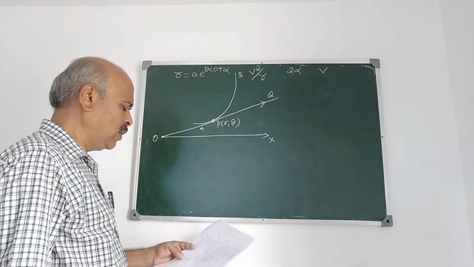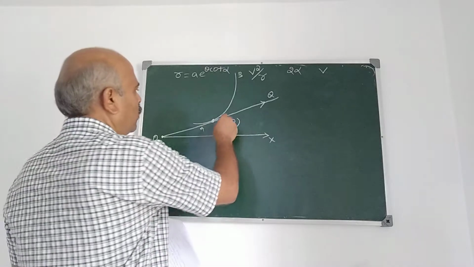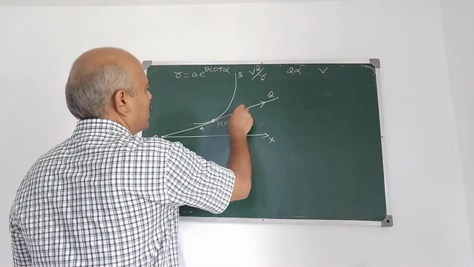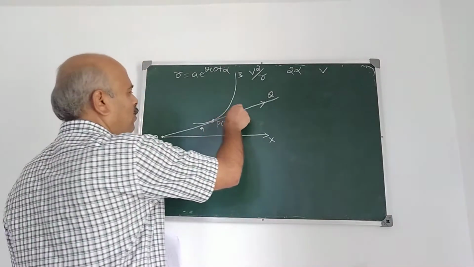Now, what you have to prove here? We have radius vector, that means radial velocities.